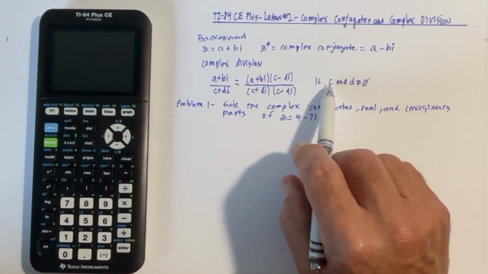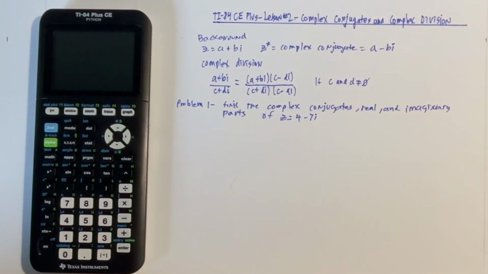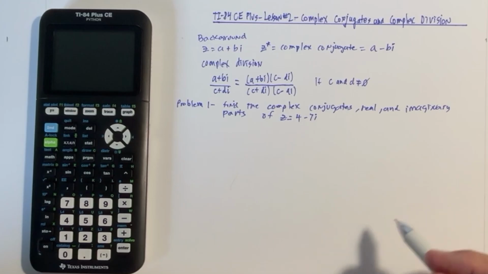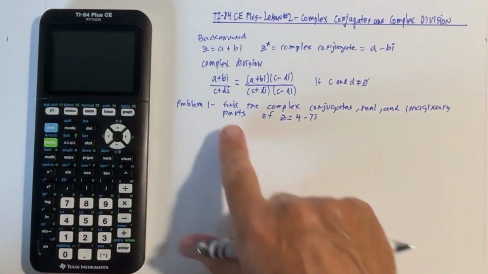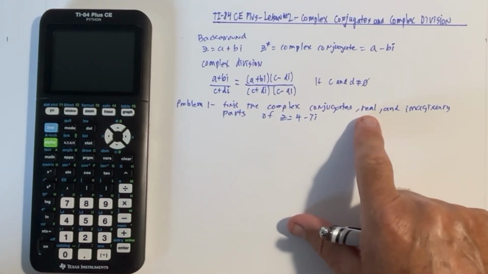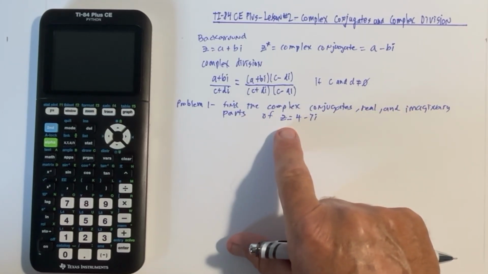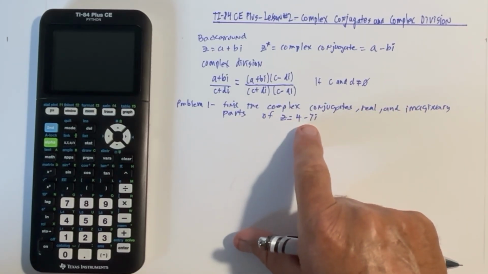In this case, c and d both have to be non-zero or it all just blows up. So in the first problem, we're going to find the complex conjugate, real and imaginary parts of the number z = 4 - 7i.